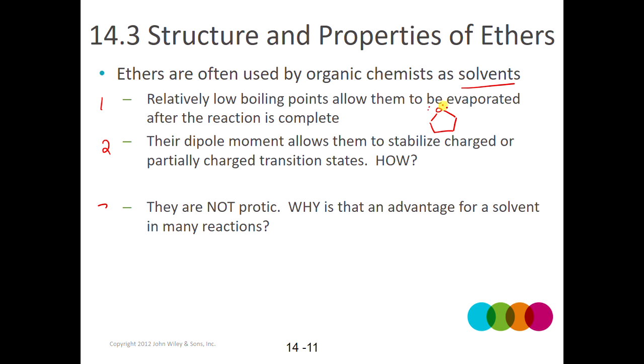That's an ether, tetrahydrofuran. So whether it's that or tert-butyl methyl ether, one of the advantages of those ethers is what we just talked about. They're relatively low boiling points. Why is that an advantage? Because then you can just evaporate it after you're done using it as a solvent.